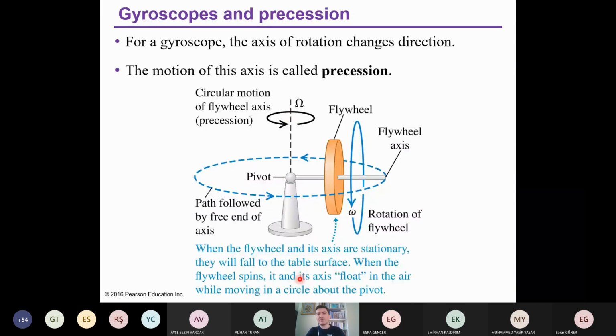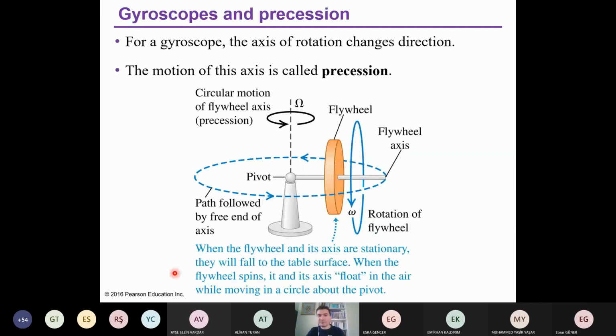First of all, let's consider that this flywheel on the right side is stationary, so it is not rotating. If this flywheel is not rotating, it will fall to the surface of the table.